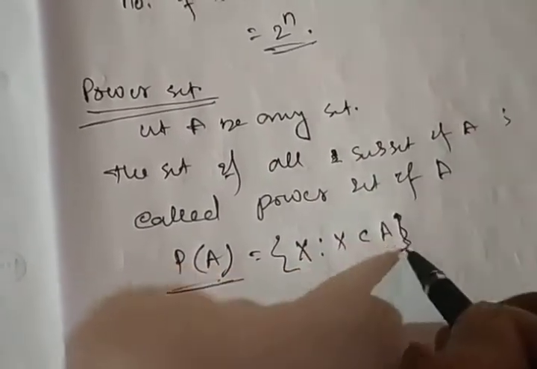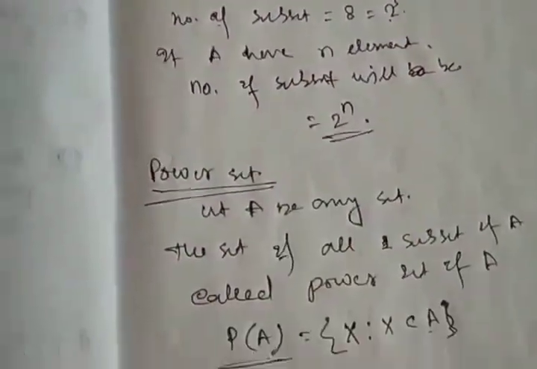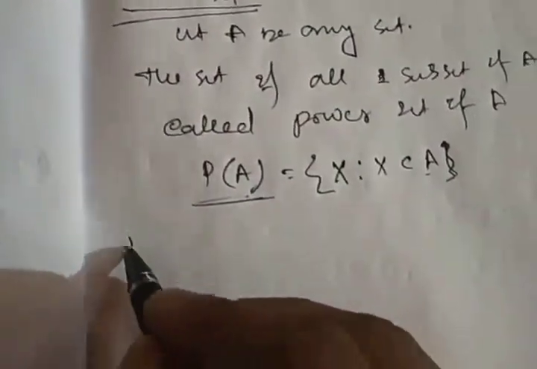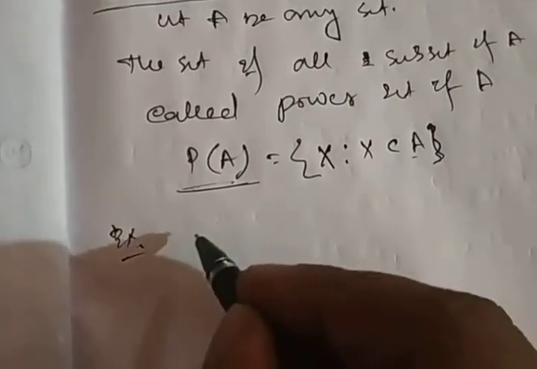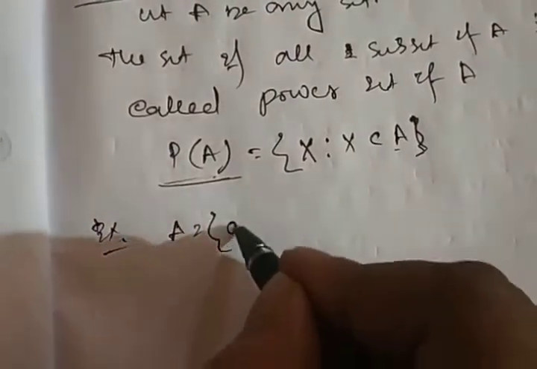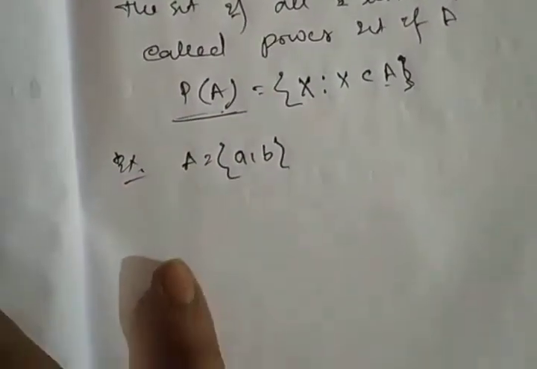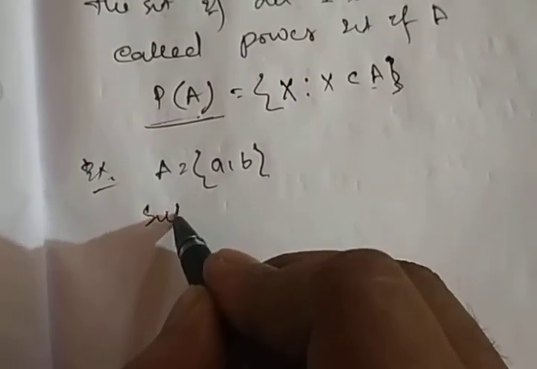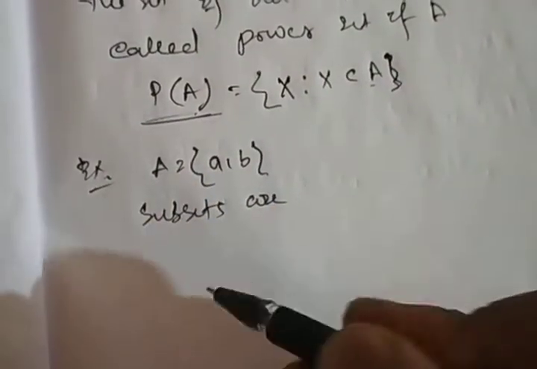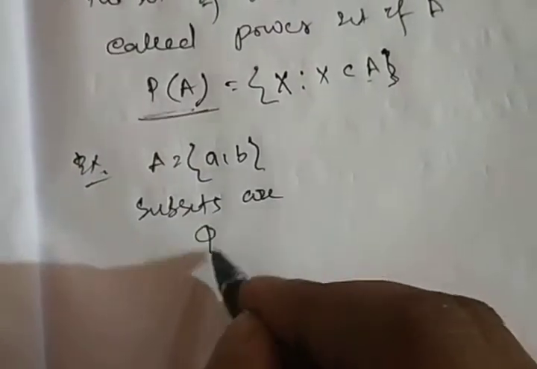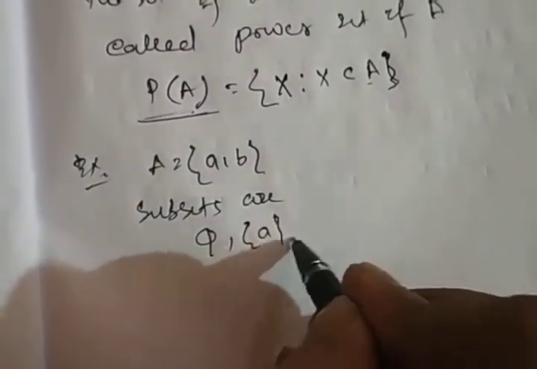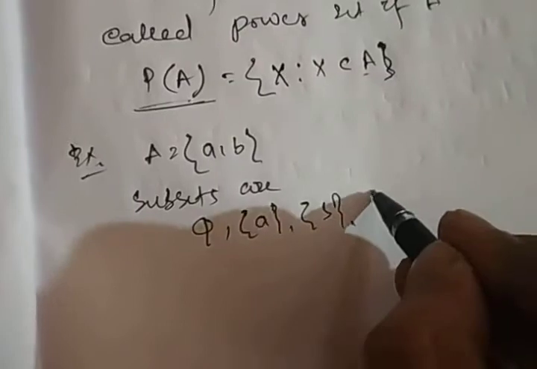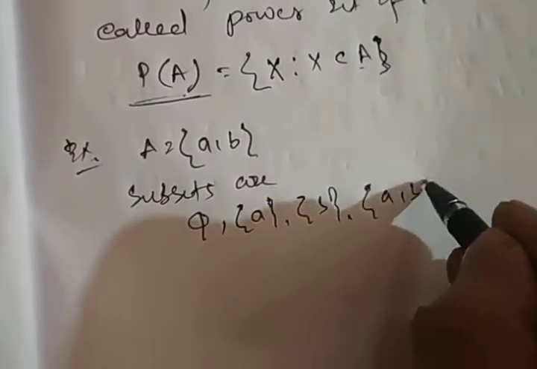Now if A is given, then the subsets can be taken in this form. As an example, we give a different example. Let A equal {a, b}. The subsets will be first phi, then the single element sets and the two element set.